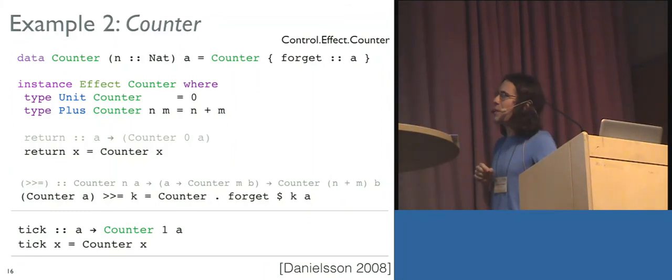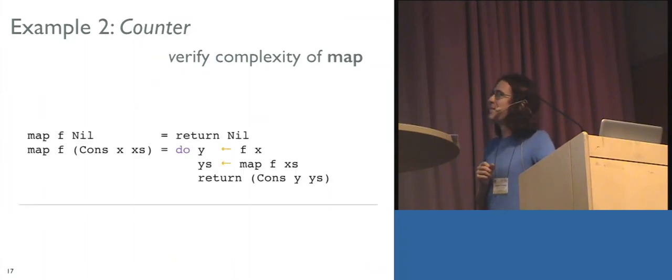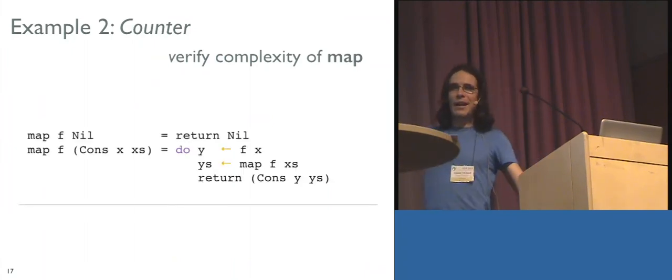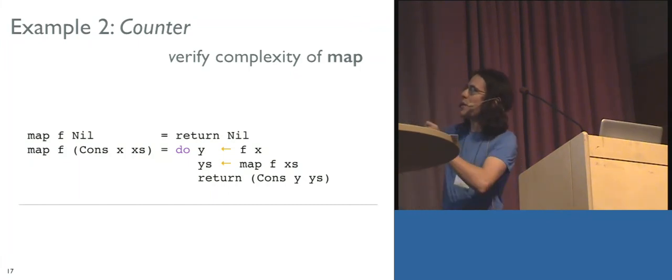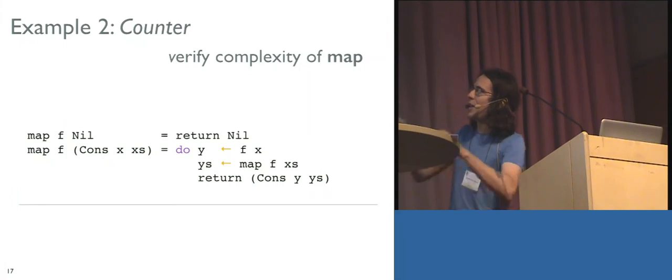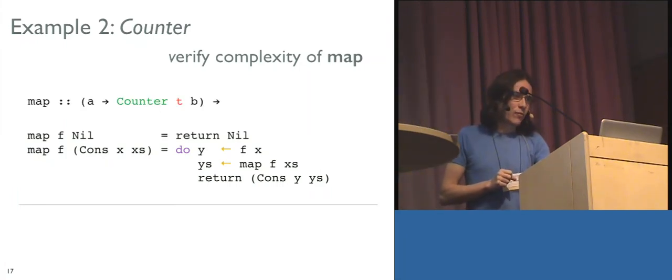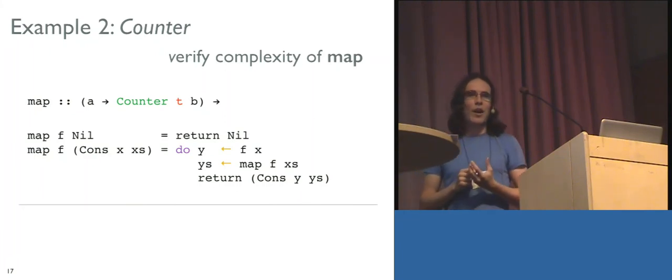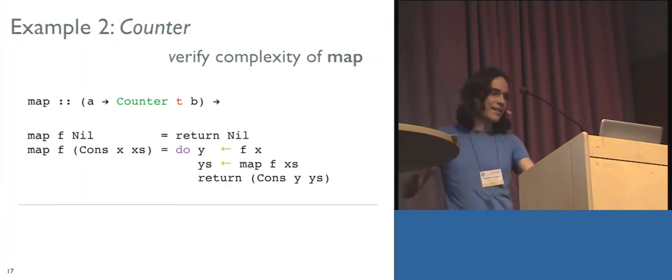So this is really cool because you can do things like verifying the complexity of the map operation. So I've taken map, and instead of writing the normal recursive one on lists, I'm doing it on some other sort of data structure, and I've used the do notation, so I've made it sort of monadic. And so I'm going to take in f of type A to Counter t B, so it's a function that does t things.